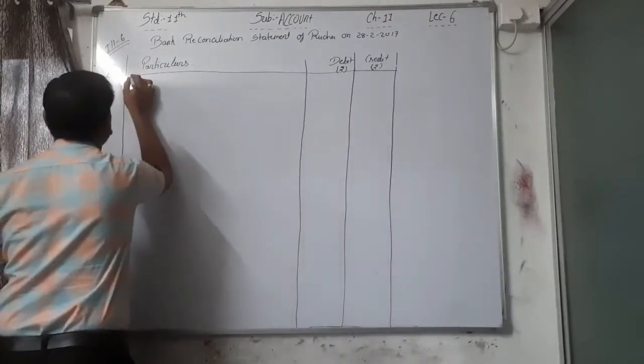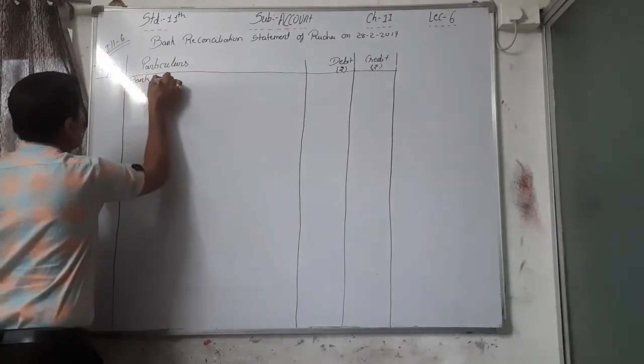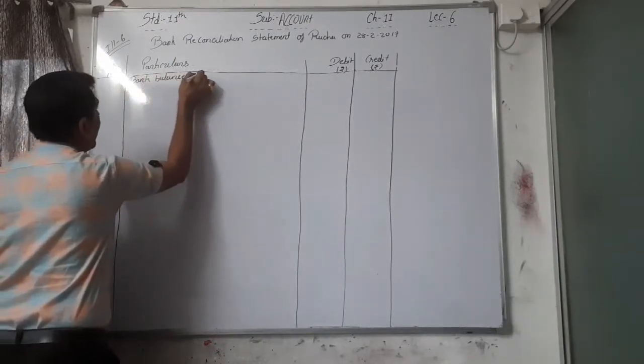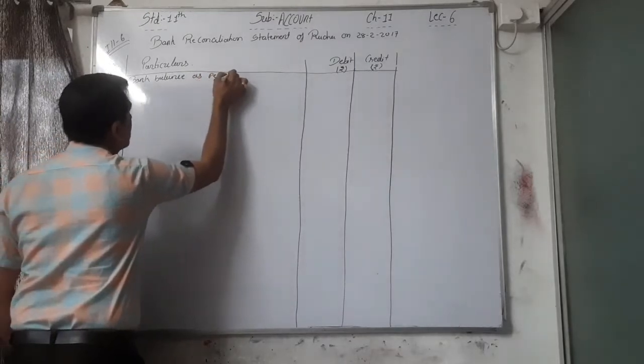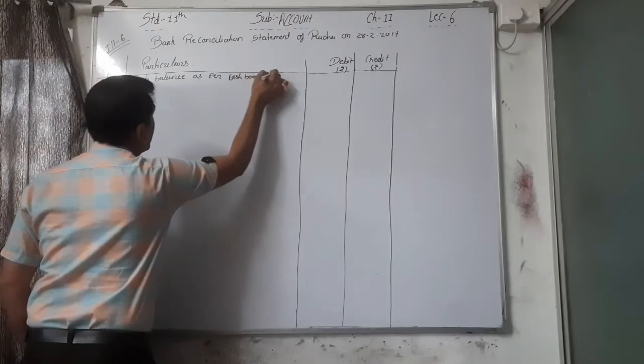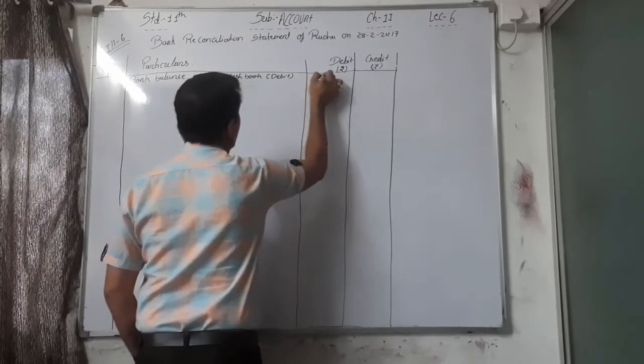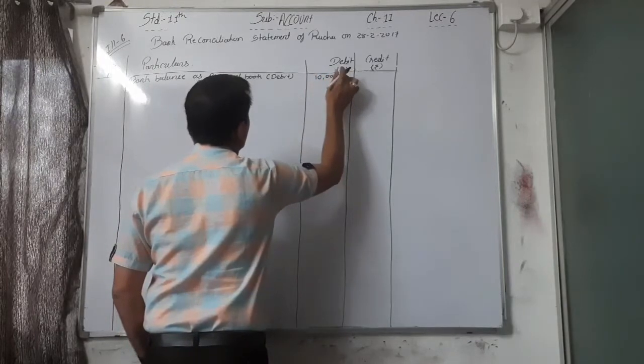First point, bank balance as per cash book, that is a debit balance. So on the debit side you write 10,000 rupees.